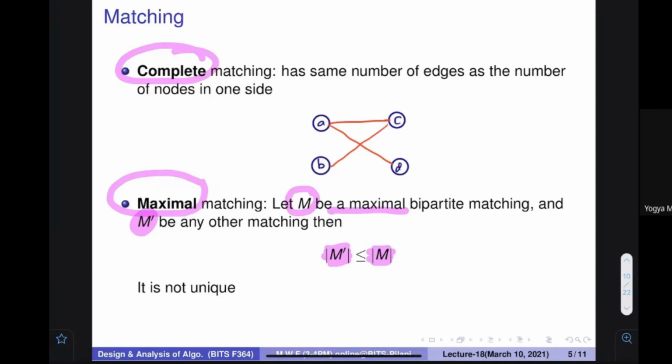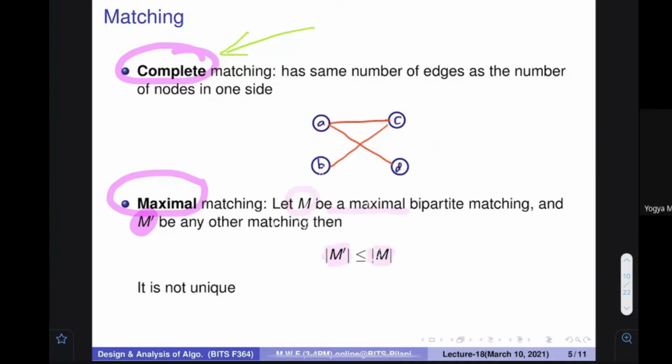I agree that if all the edges are going to this side only, then you can do it. But essentially, don't go to this particular example. My point is that you would agree there could be a counter example in which you cannot create the complete matching. Okay, forget about this example. Because the direction is not shown, it's a problem, so let's not take it.